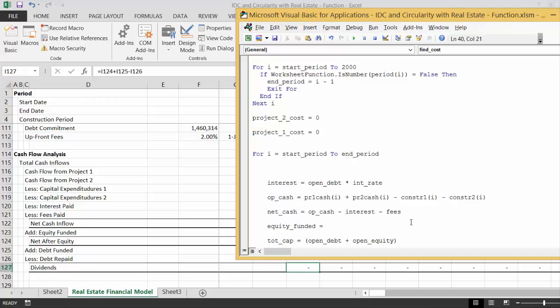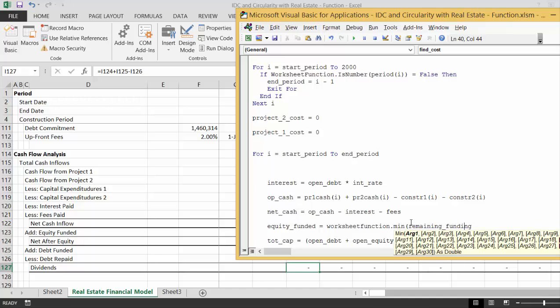equals remaining funding, and we put the minimum of the remaining funding or the net cash.